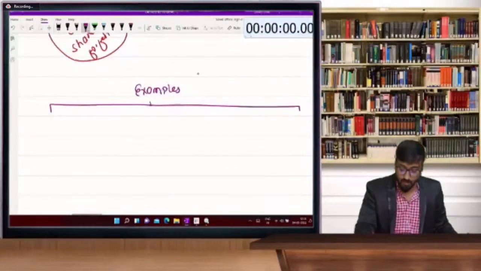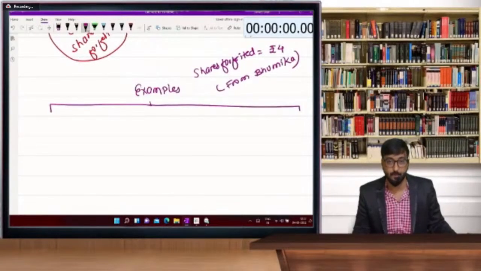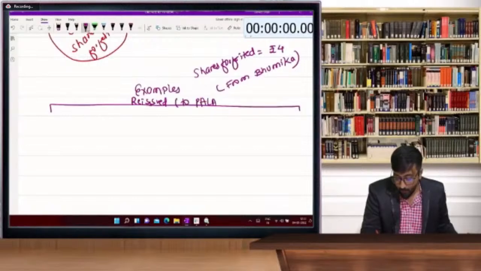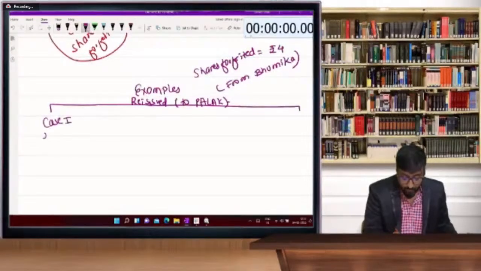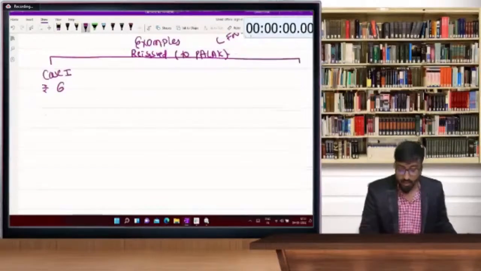बेटा, in the example I will keep one amount: shares forfeited, assume shares forfeited ₹4 from Bhumika. So from Bhumika we already collected ₹4 and now reissued to Palak, in various cases. Case 1: reissued at ₹6.